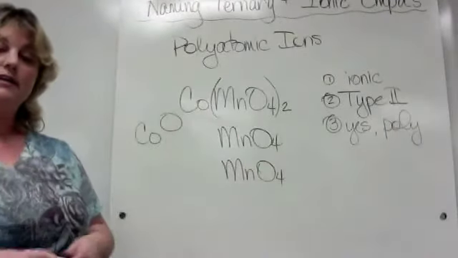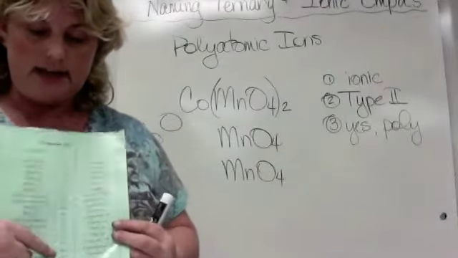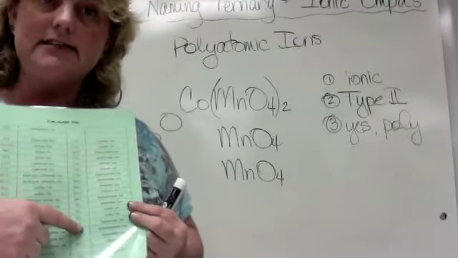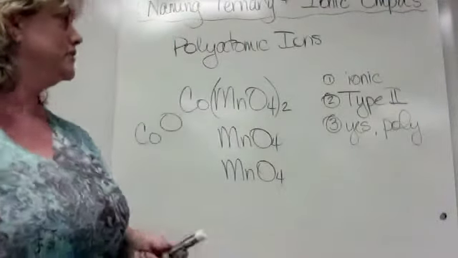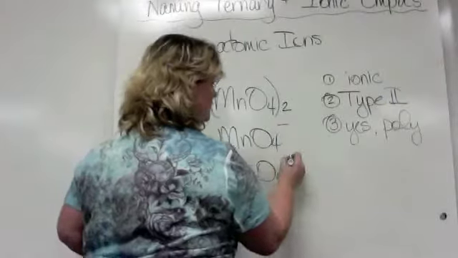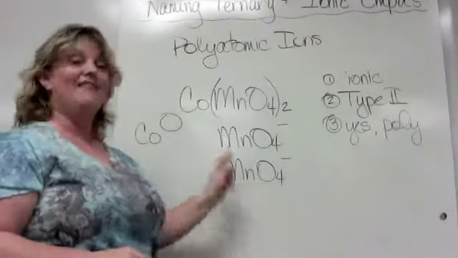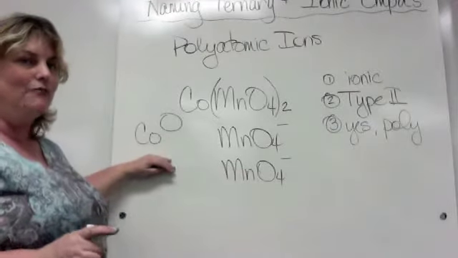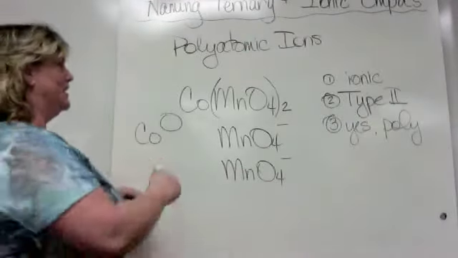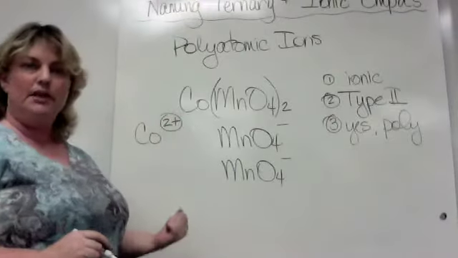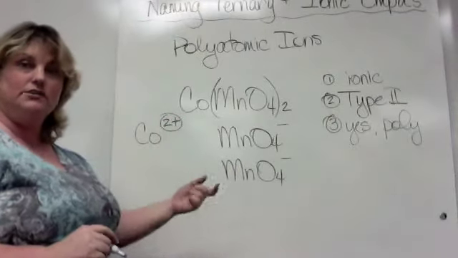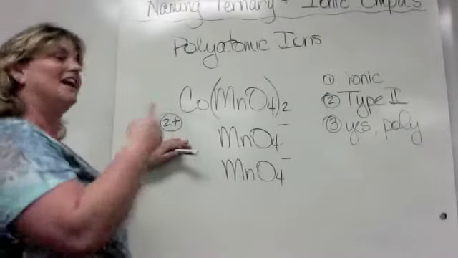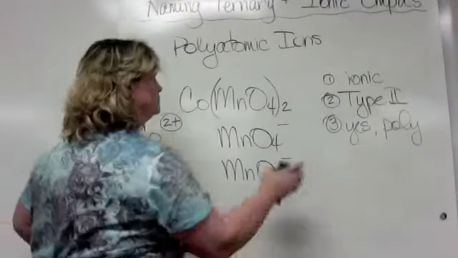Well, we look on our polyatomic ion list, and here's MnO4 down here near the bottom, and what you can see is it has a -1 charge. That means overall I have a -2 charge. So cobalt, since I only have 1 of them, must be a +2 in order to balance the charges. Well, now that I know that cobalt's a +2, I can name the compound.